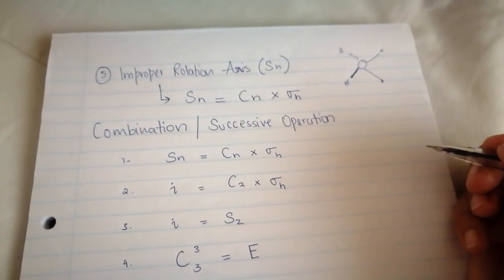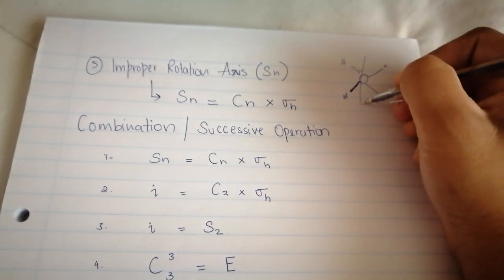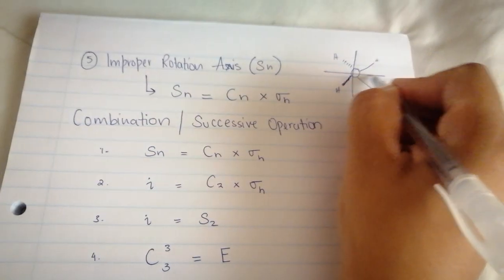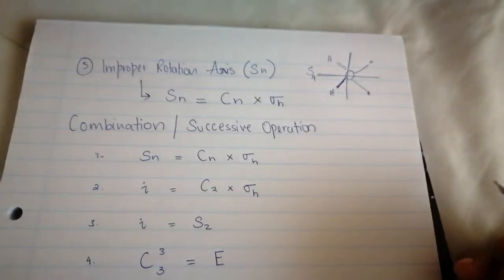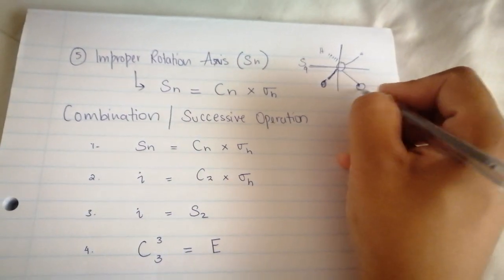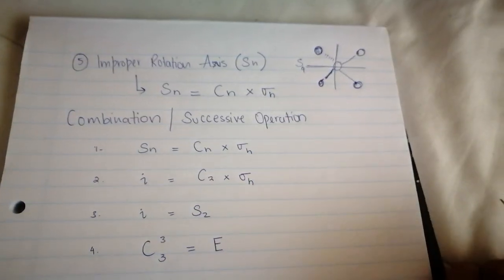Okay, so there will be reflection along the perpendicular plane and reflection along the horizontal plane. This is your S4. Let's make circles here for us to easily understand.